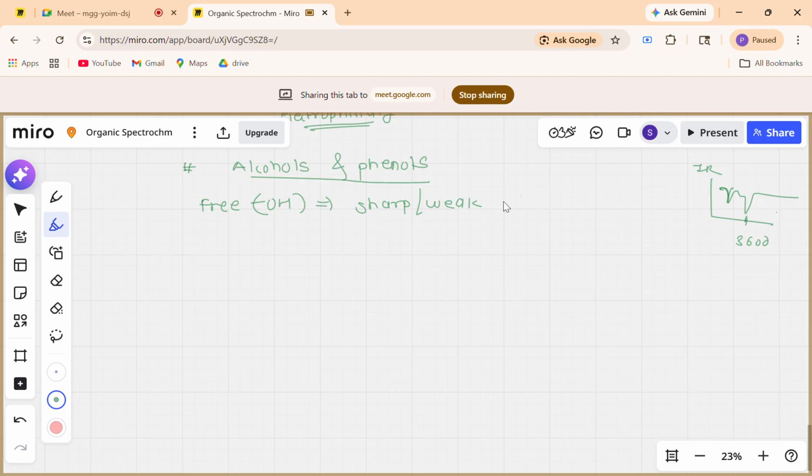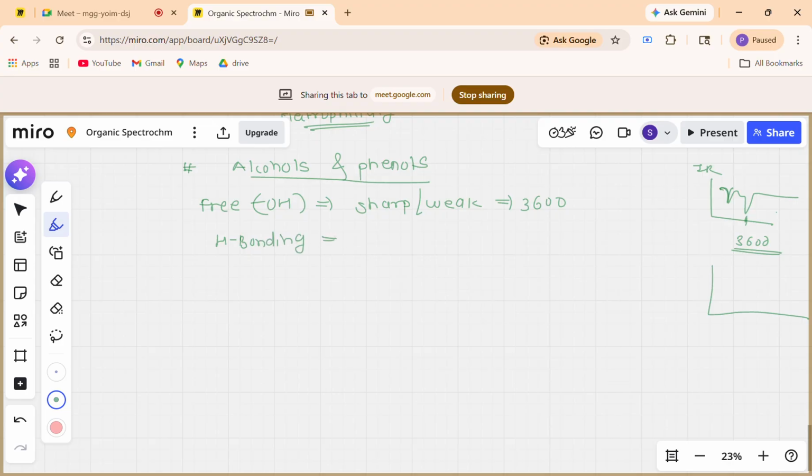So if your IR spectrum is like this and you are having a free OH, then you will observe this kind of spectrum. Okay, and for example this is something around 3600.